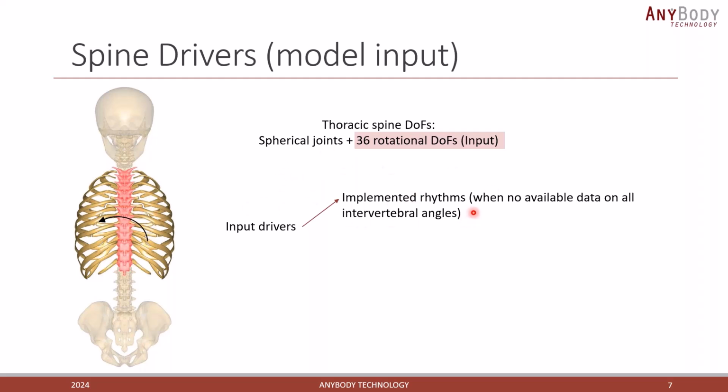You can just use the implemented rhythms, which I'll explain a little in the next slide. Or you can define traditional rotational drivers, and then you need to specify each intervertebral angle.